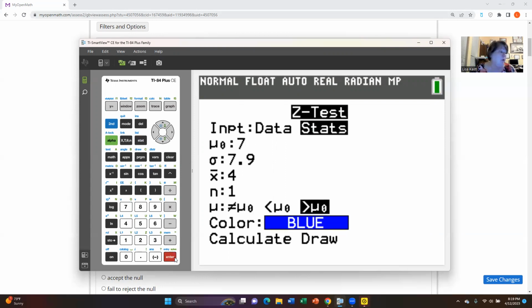The mean that you're testing with your null and alternative hypothesis was 56.8, so I'm going to put that in. The standard deviation of the population was known, and that was given to you to be 17.5, so I'm going to put that in.